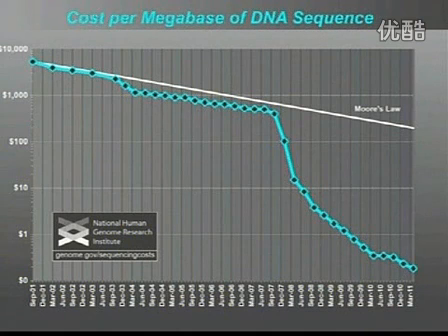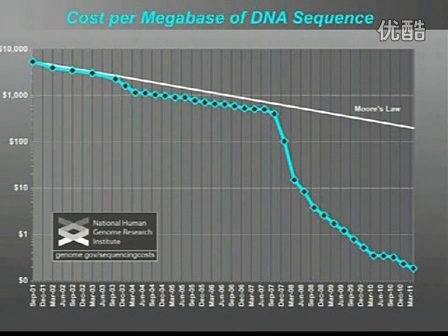Here is how to read this. In September 2001, sequencing 1 megabase of DNA cost less than $10,000. Half a year ago, the cost of sequencing 1 megabase was 17 cents.